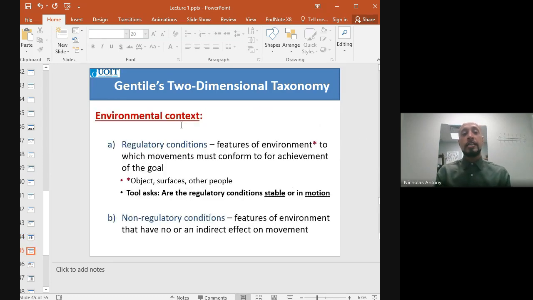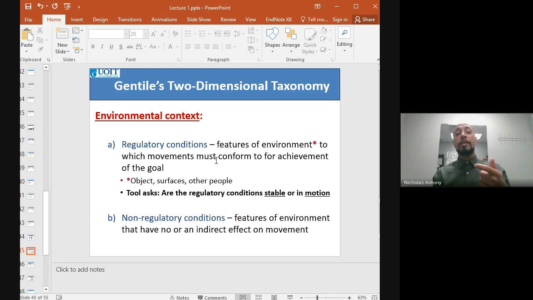So the first axis is the environmental context. The environment involves evaluating the regulatory conditions. Regulatory conditions are the objects in the environment, the surfaces, and other people. Just like when we're looking at open skills, the regulatory conditions are the things in the environment that we have to conform our motion to.